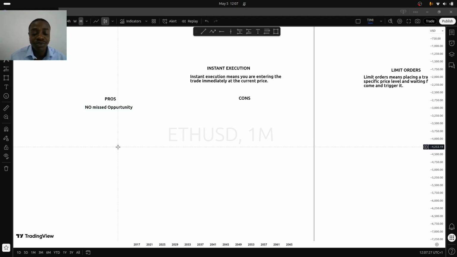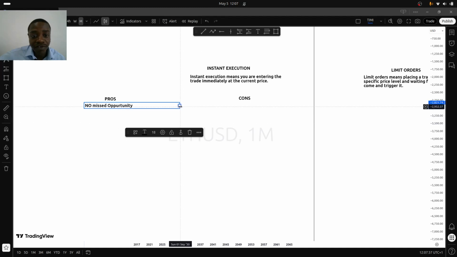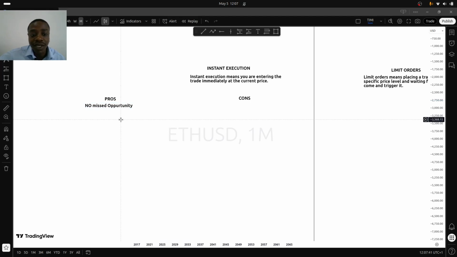Once you come, you are executing. Another pro is that this is mostly very useful when the market is very volatile. When the market is very volatile, sometimes your order might not get activated, but we'll go into that. So, no missed opportunities.